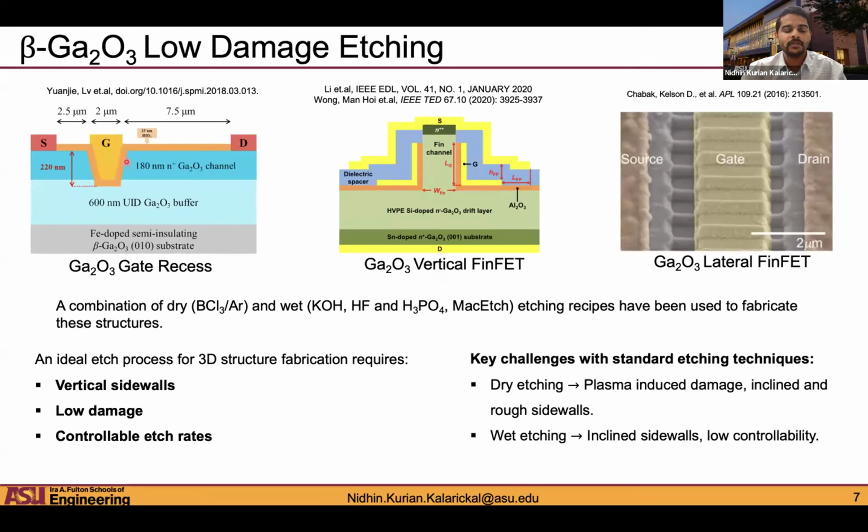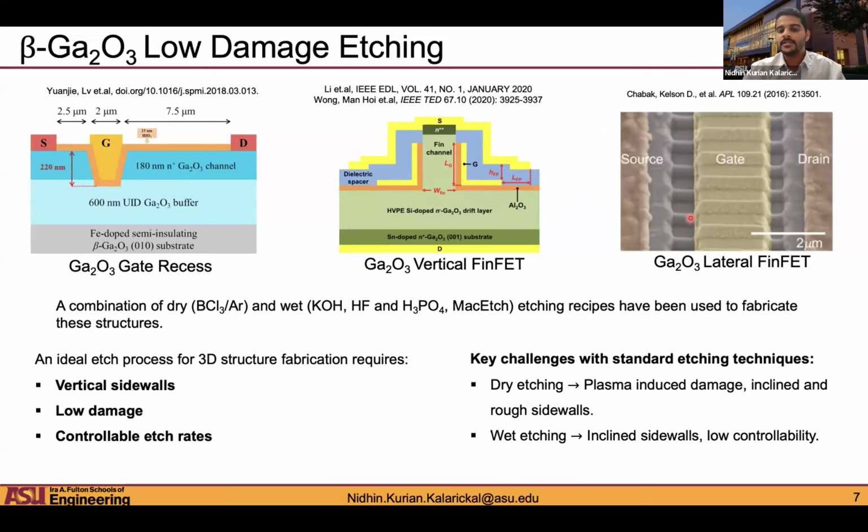For example, the one on the left is a gate recess process where you etch down the gate region. The figure in the center is a vertical transistor structure, which has been demonstrated by Cornell University before, where you need to etch down and make these fins. And the figure on the right is a lateral FinFET transistor, which was fabricated by the Air Force Research Laboratory.